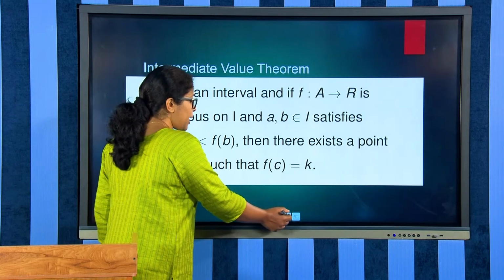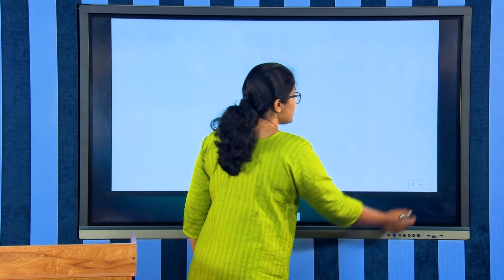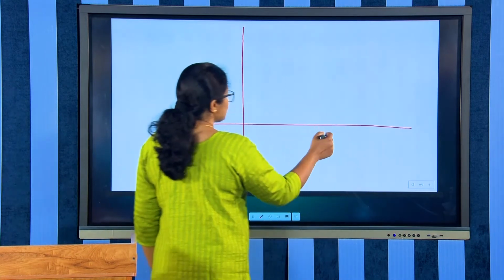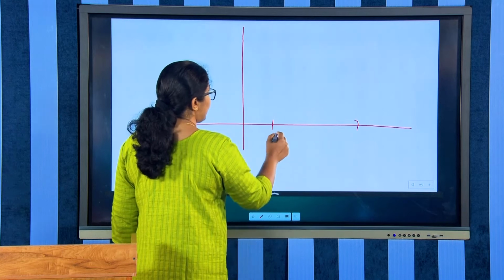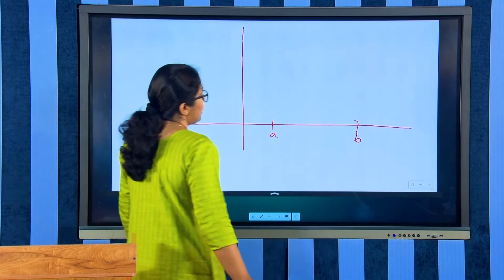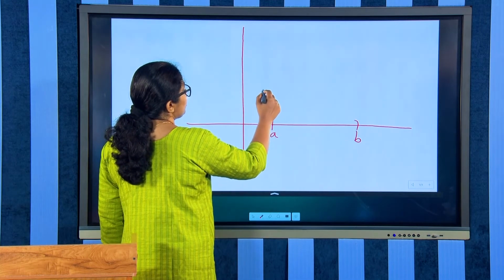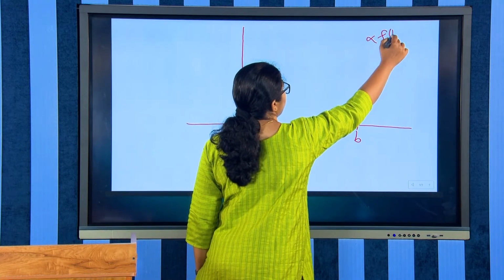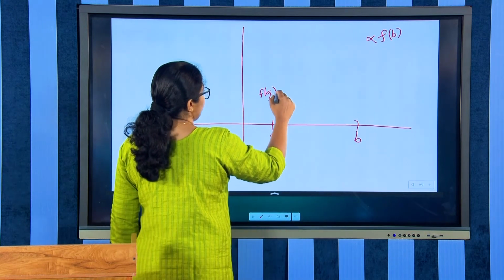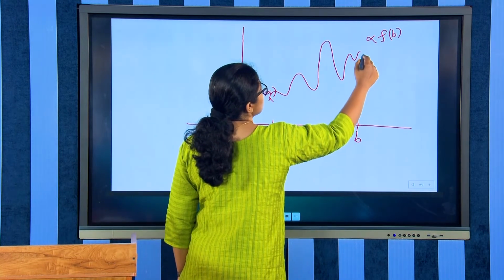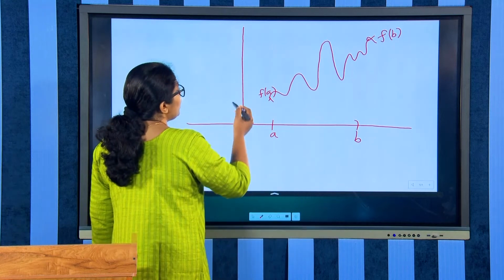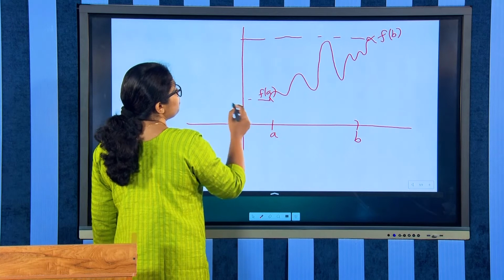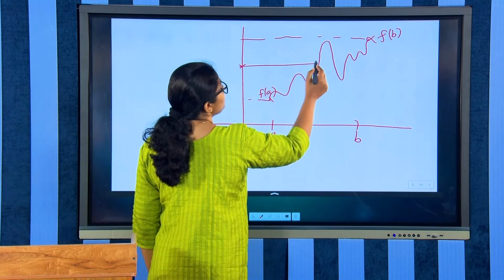That also can be geometrically visualized like this. Suppose this is the domain and this is some interval a b which is given, say this is your f of a and somewhere here is f of b, and you are given a continuous function of any shape. For any value between f of a and f of b, you take any point arbitrarily.